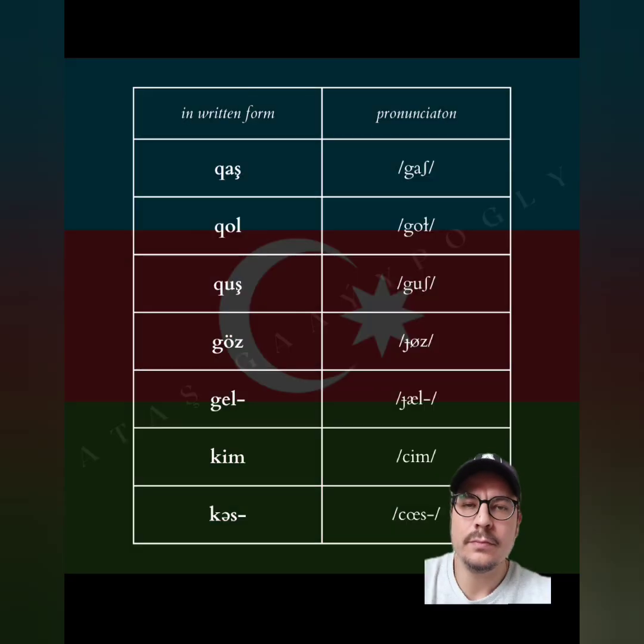Let's move on to Azerbaijani Turkic. On the left is the written form, on the right the pronunciation. In Azerbaijani they use Q in written form, but the pronunciation is not like Q or K. It's G, a voiced velar plosive. So gash means eyebrow.